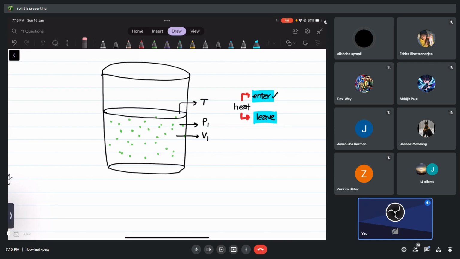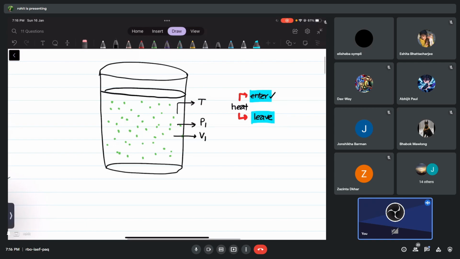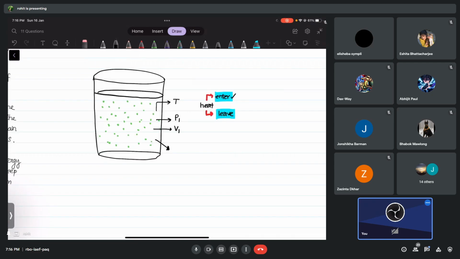Now suppose I tell you that the piston has reached here. Now you tell me, will I call it expansion or compression right now? I can call it expansion.